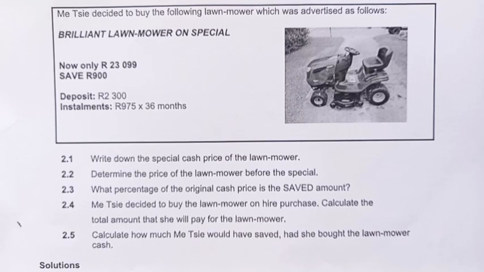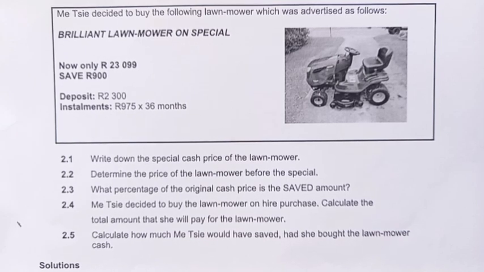It was subtracted first and then you have 23,099. So the 900 rand is already subtracted. Don't think that you still have to subtract it. They will give you the price after the discount has been taken away, and then they will tell you what was taken away, right?